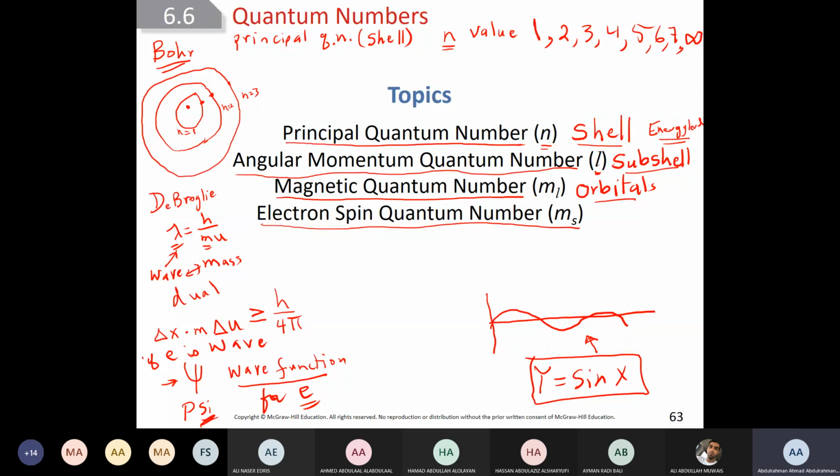Now, even more important than psi is what? Psi square. What does psi squared do?